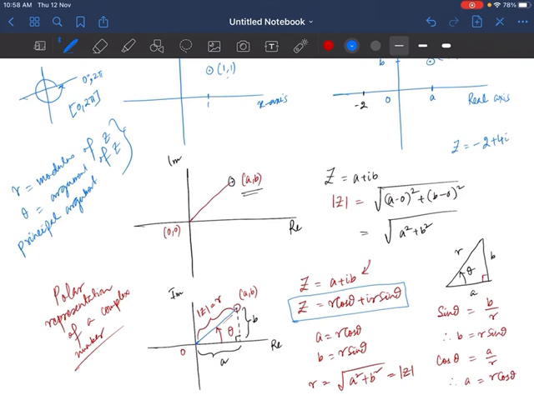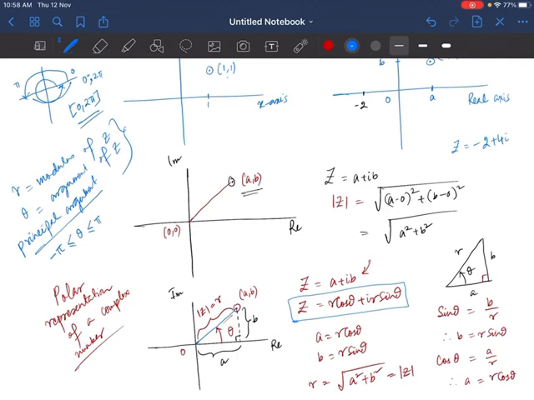But the principal argument is not 0 to 2 pi. The principal argument is 0 to pi, and from here to minus pi.